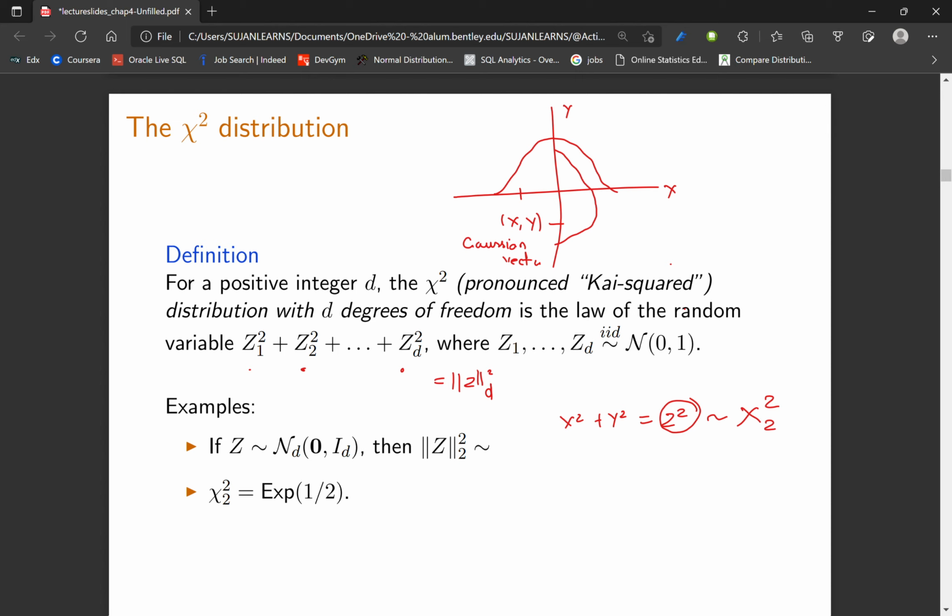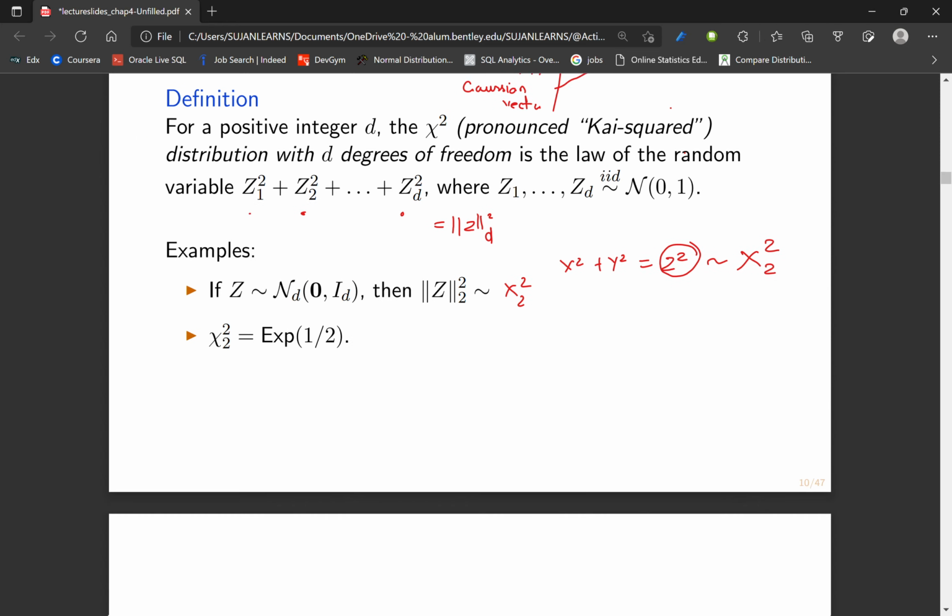This z square will have 2 degrees of freedom. Now let's move on to another problem where we need the PDF of chi-square distribution.